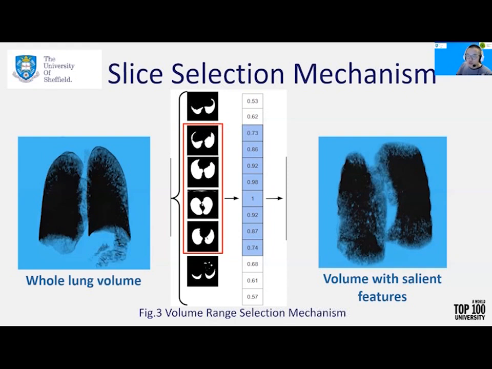Then we only took those slices with an area value of more than 70%. After the extraction of slices with salient features, we need to resize the volume into 224 cubic because it is the required input size for the 3D ResNet. And then the volume is ready for the input.